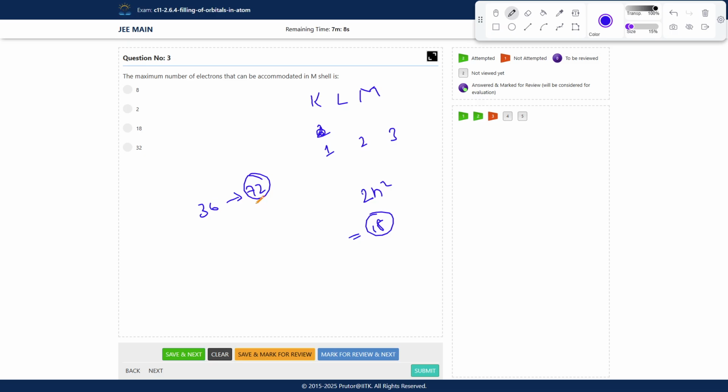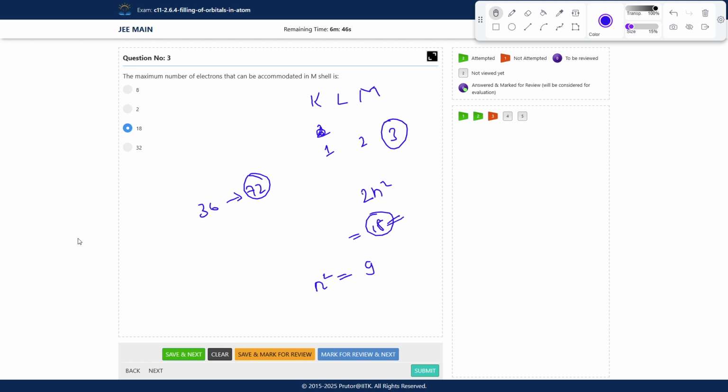Since one orbital can contain 2 electrons, and if the number of electrons is 18, then what will be the number of orbitals? Yes, it will be 9. Simply use the formula n square. So n is 3, and 3 square is 9. So here the correct answer will be 18.